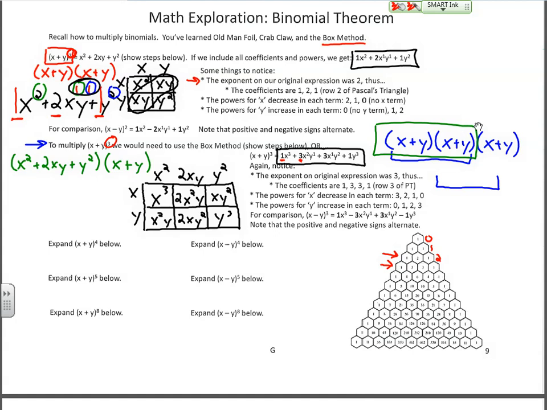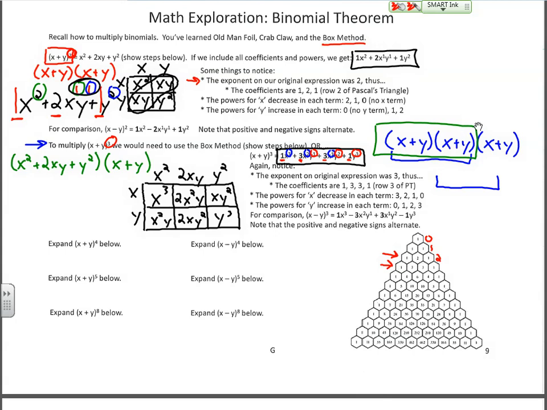The powers for x decrease each term: 3, 2, 1, and no x term is like an x to the 0. And the powers for y increase in each term: y to the 0, 1, 2, 3.